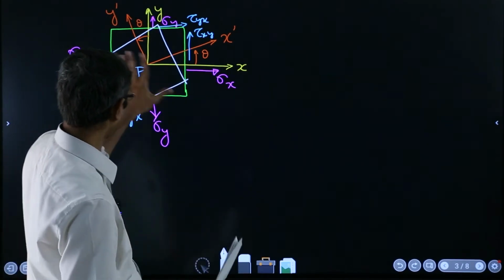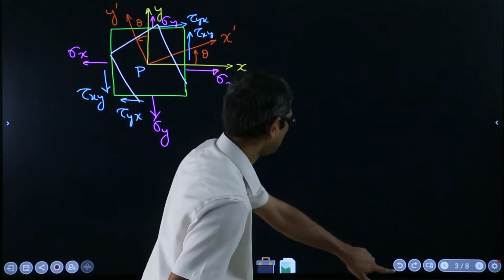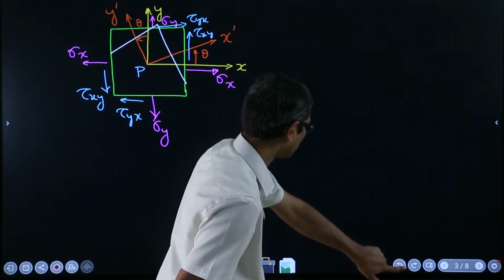So, I will undo this thing here because it is becoming very clumsy.